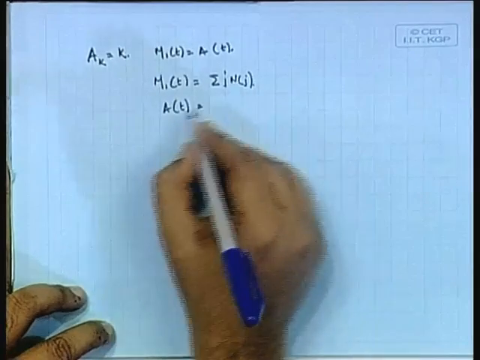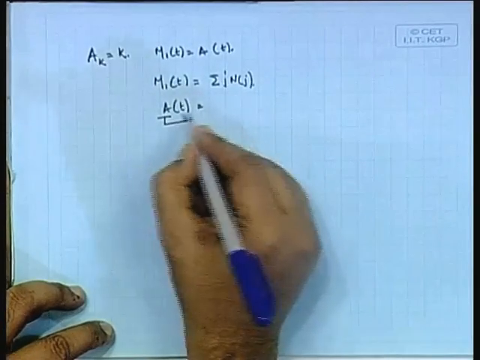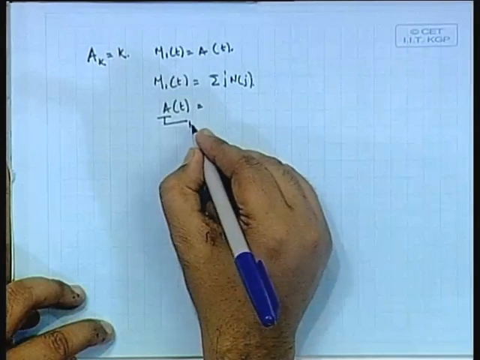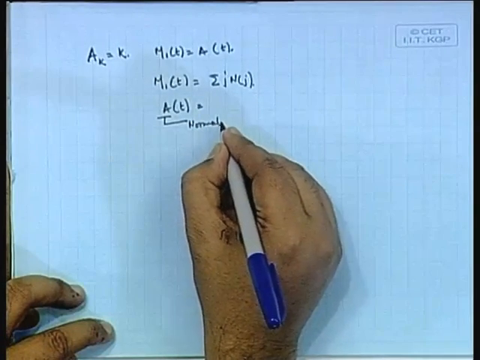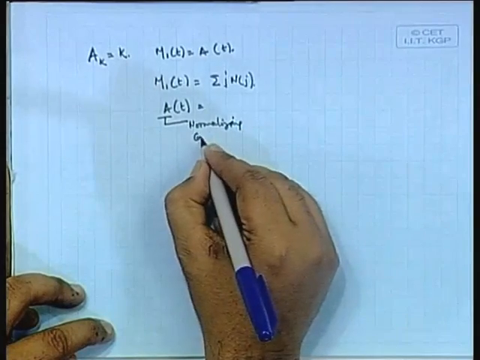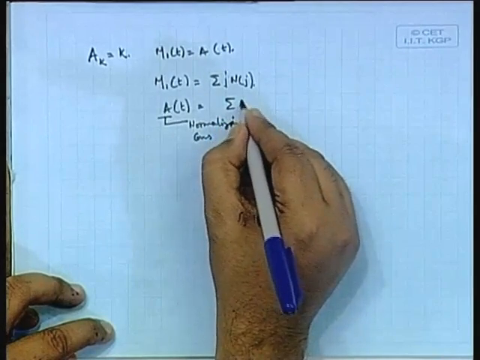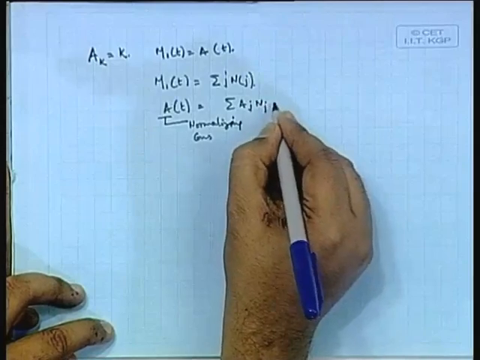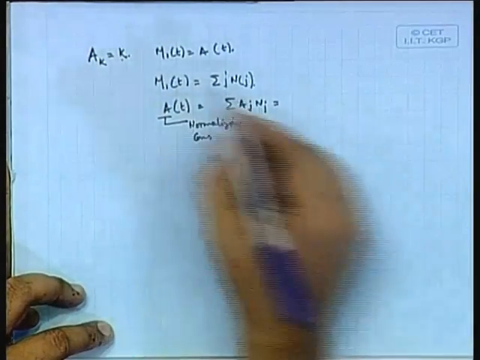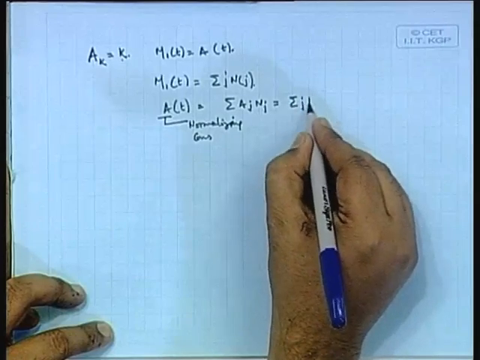A(t) means I have just written it in terms of t. A means the normalizing constant. It is the summation of a_j n_j. We know this. And what is a_j? It is k or j, whatever you say.